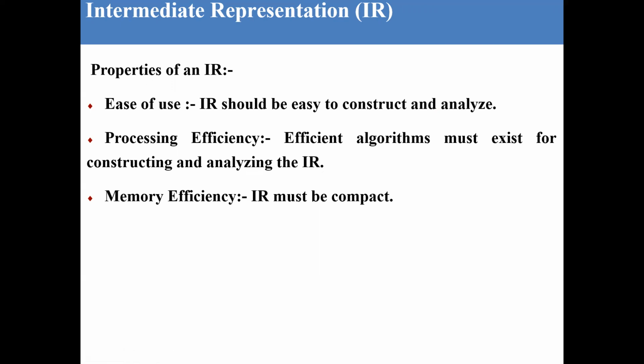So there should be proper algorithms for construction and analysis of this IR. And the third one is memory efficiency. IR must be compact. It should not be larger than your source code, because memory is again a very important point that we have to consider while developing the application. So these are some properties that are required while constructing this IR.